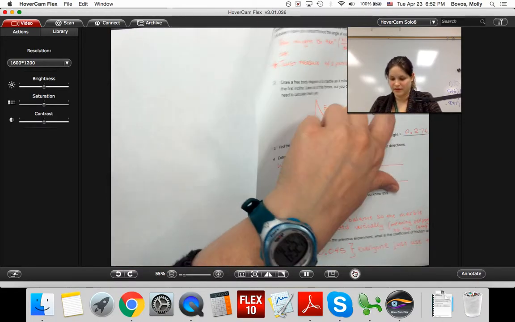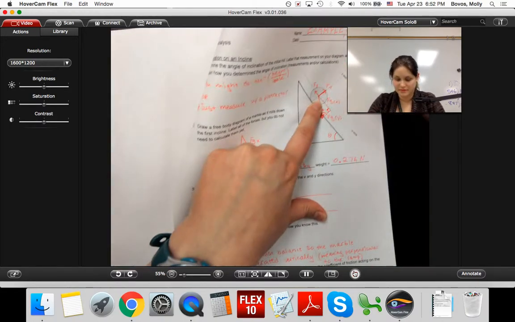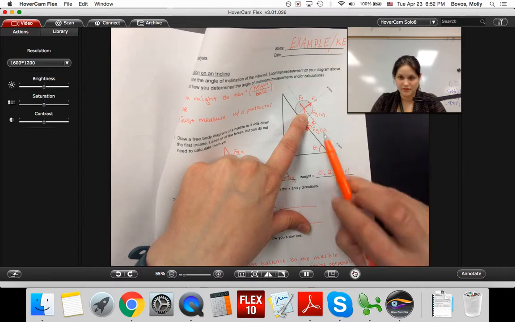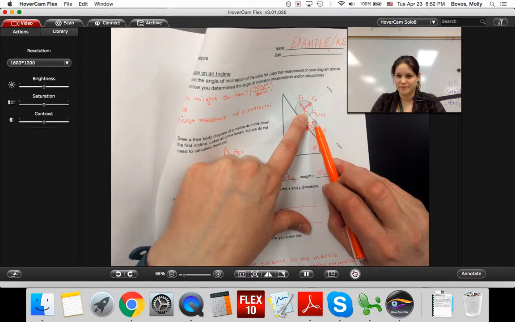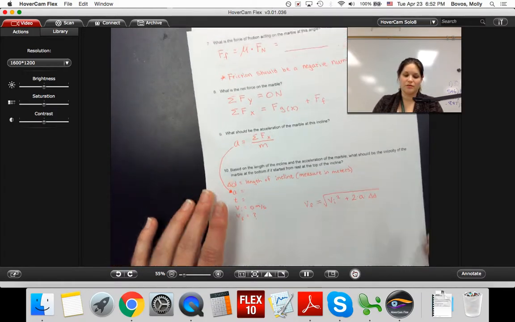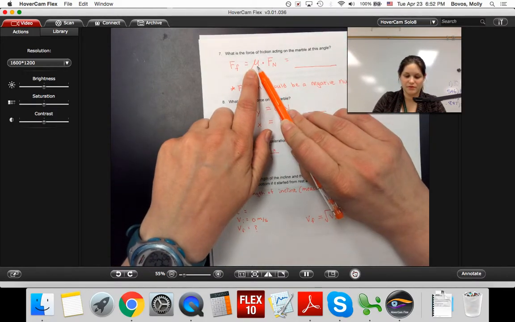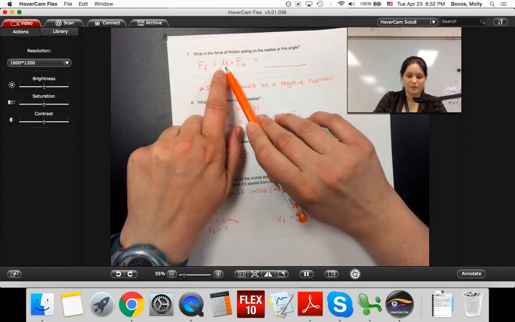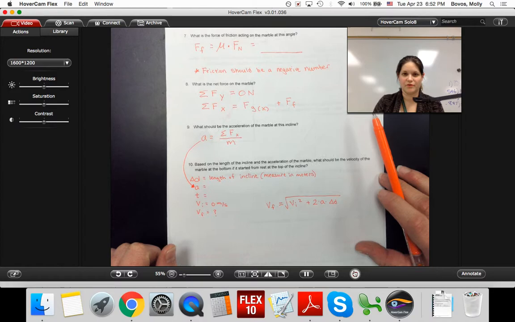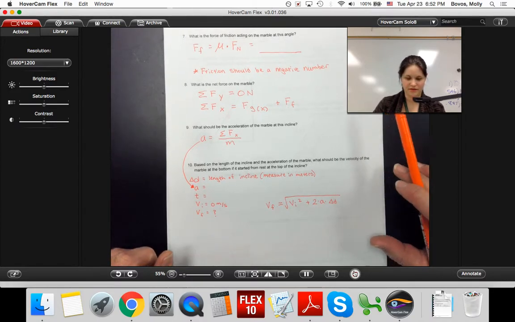So like this line would be balancing this one, but that's not the case here. We don't know what the friction is, but we do know that friction can be calculated with mu and normal force. We multiply those two numbers together, we're going to get our force due to friction at this particular angle.